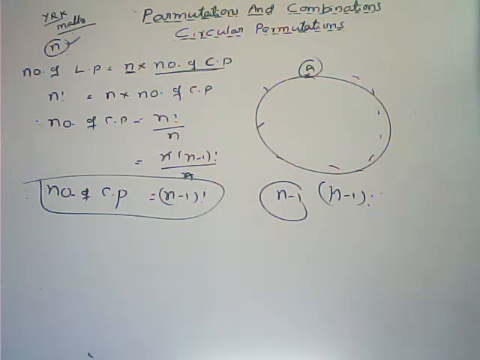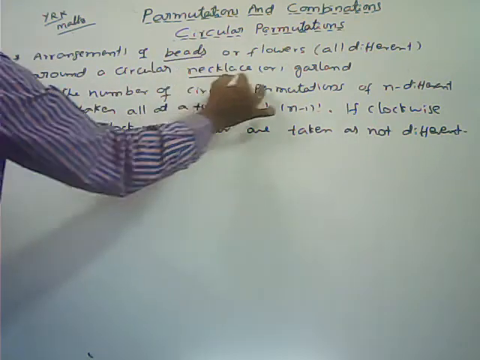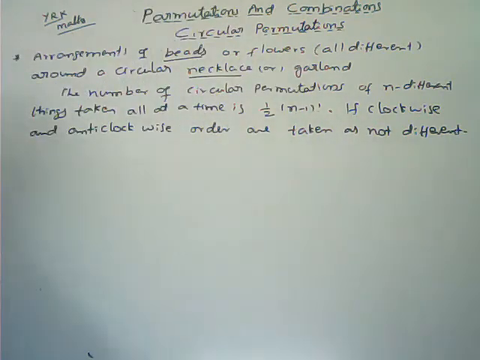Now, this is a very important concept. Arrangements of beads or flowers, all different, around a circular necklace or garland. With beads you get a necklace, with flowers you get a garland.